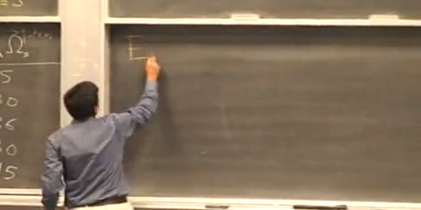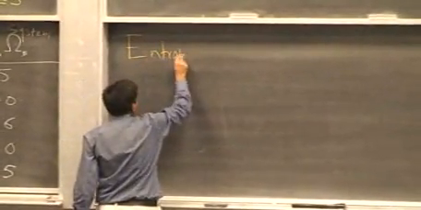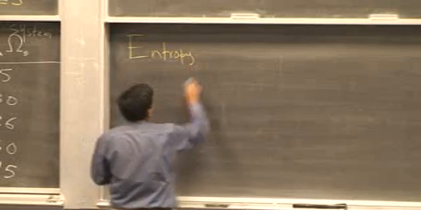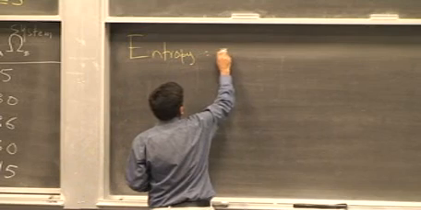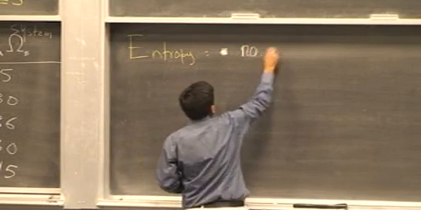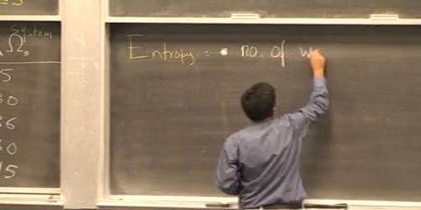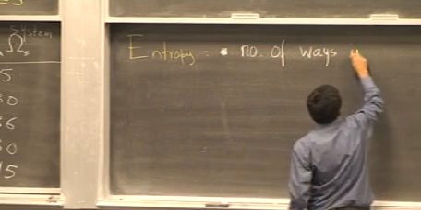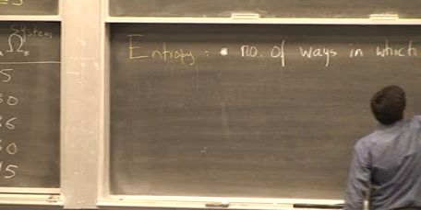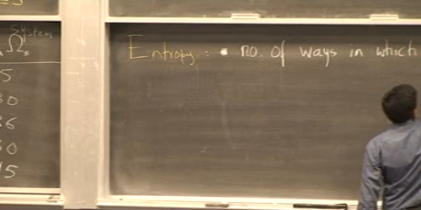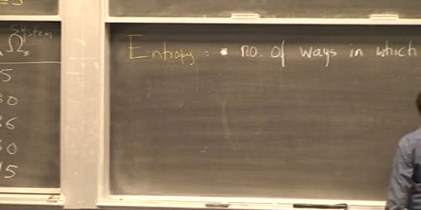The entropy is the number of ways in which energy can redistribute in a system.